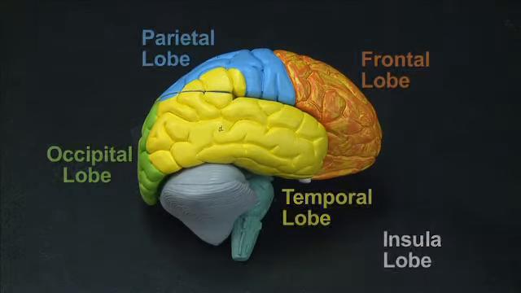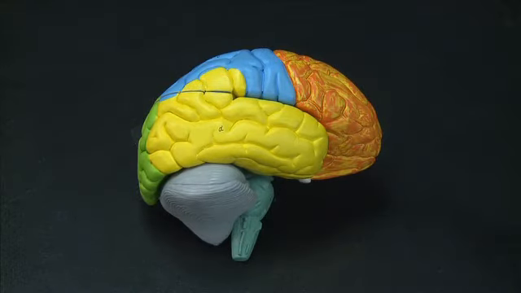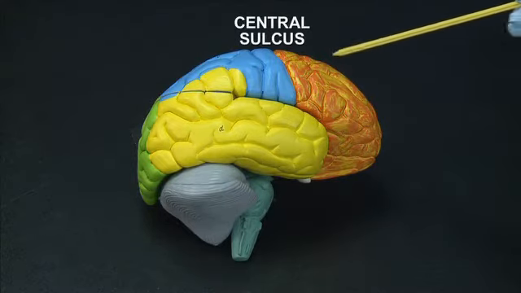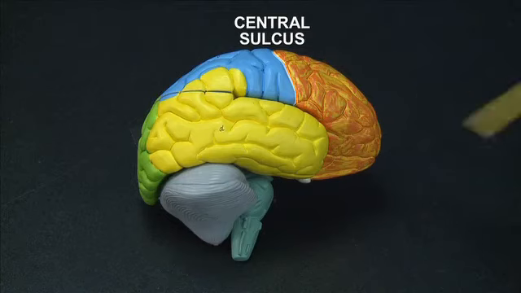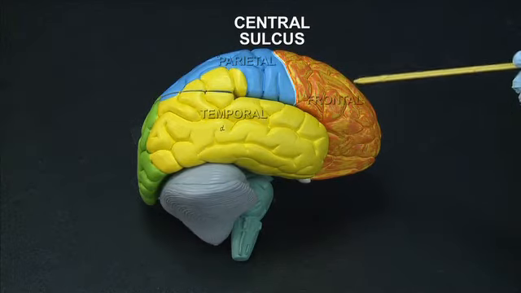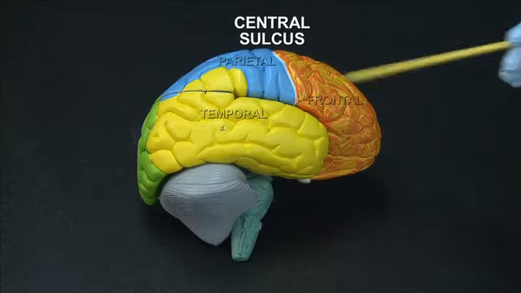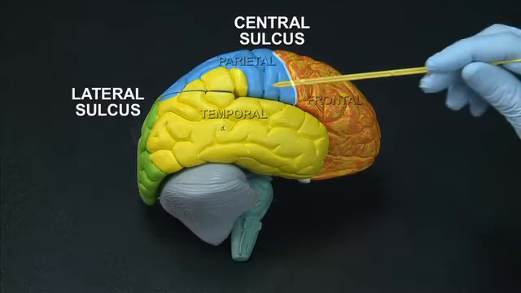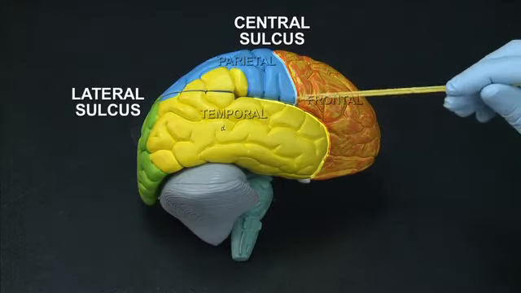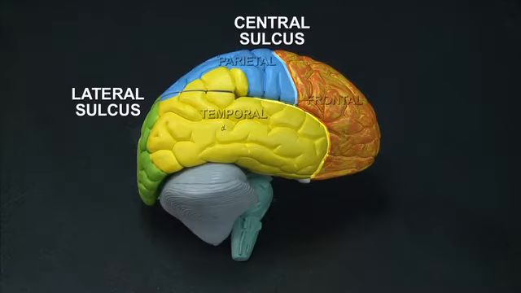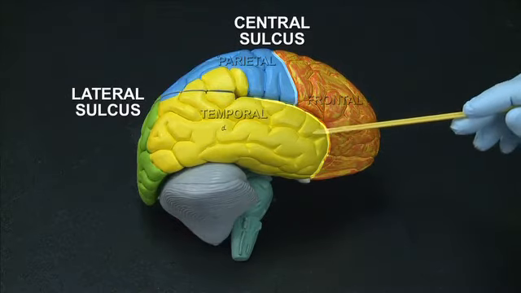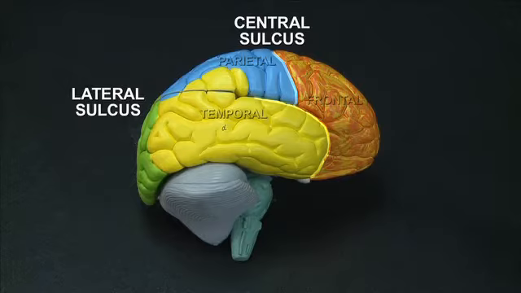In this model, I will point to two major sulci in the cerebral hemispheres: the central sulcus, which divides the frontal from the parietal lobe, and the lateral sulcus, which divides the frontal from the temporal lobe.